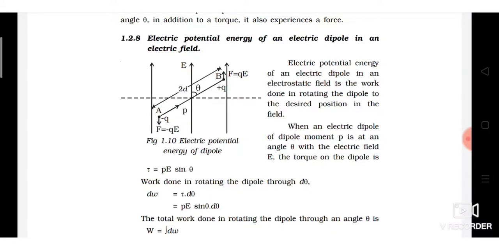When an electric dipole of dipole moment p is at an angle theta with respect to the electric field E, we are familiar with the torque experienced by the dipole in a uniform electric field: tau is equal to pE sin theta.